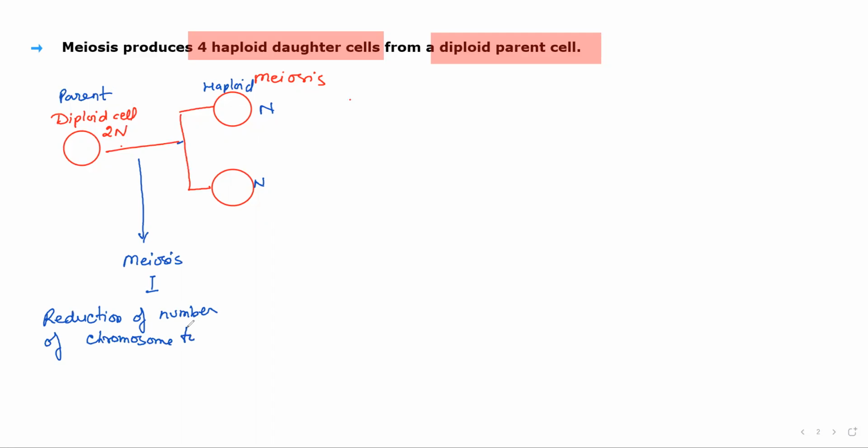How much? To half. You can see here 2n number in the parent cell, and in the daughter cells after the first meiotic division, n number of chromosomes, exactly half. So this is called reductional division.